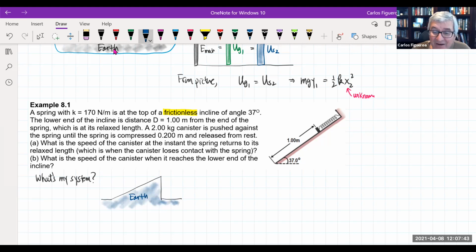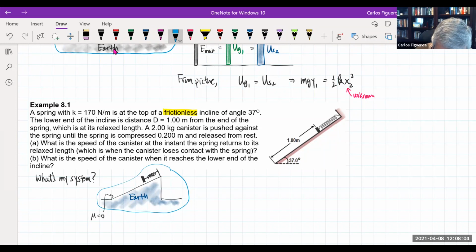And in this scenario, you see that I have a spring. So the fact that this surface has mu equal to 0 means that if I isolate my spring and the Earth, there are only two possible forces: the force of gravity, and the spring force.